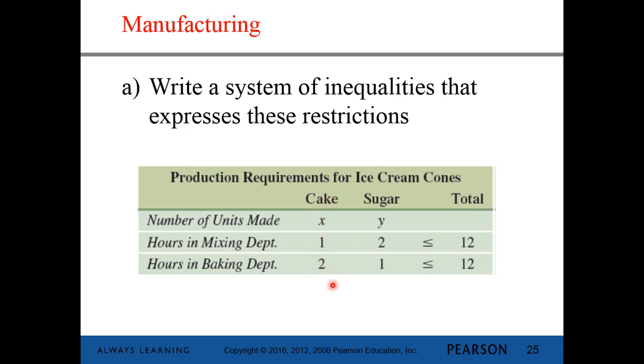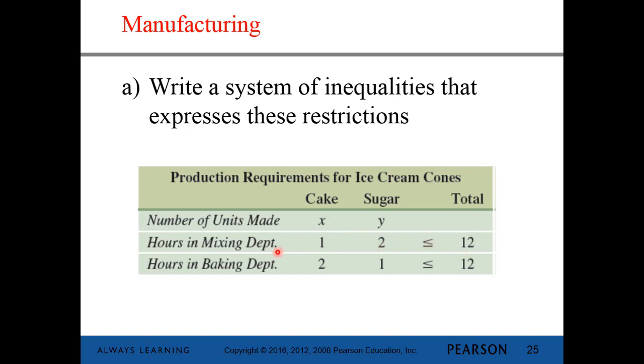So our system of inequalities is going to be as follows. How many batches can we make in the mixing department? It's going to be 1 hour for every batch of cake cones plus 2 hours for every batch of sugar cones, and this sum cannot be bigger than 12.